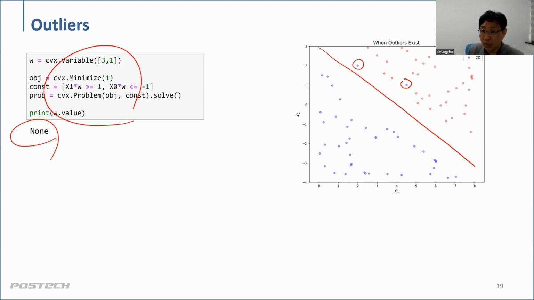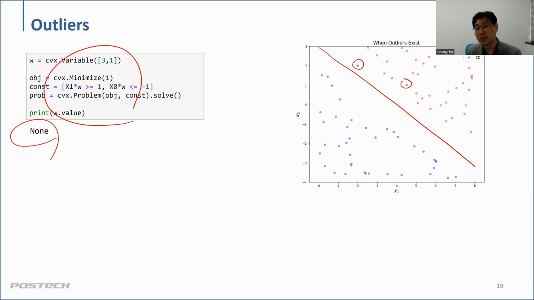Humans do classify even though we have some outliers. But if we ask the computers, they cannot. The only thing that we have learned is that they do something when the data set is linearly separable. That's the issue that we have.